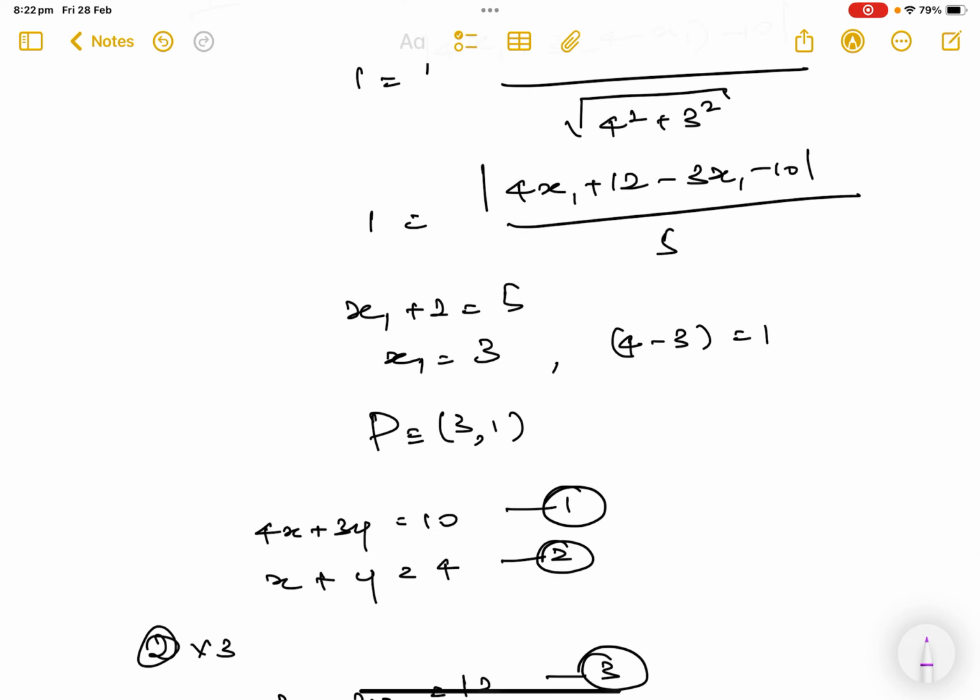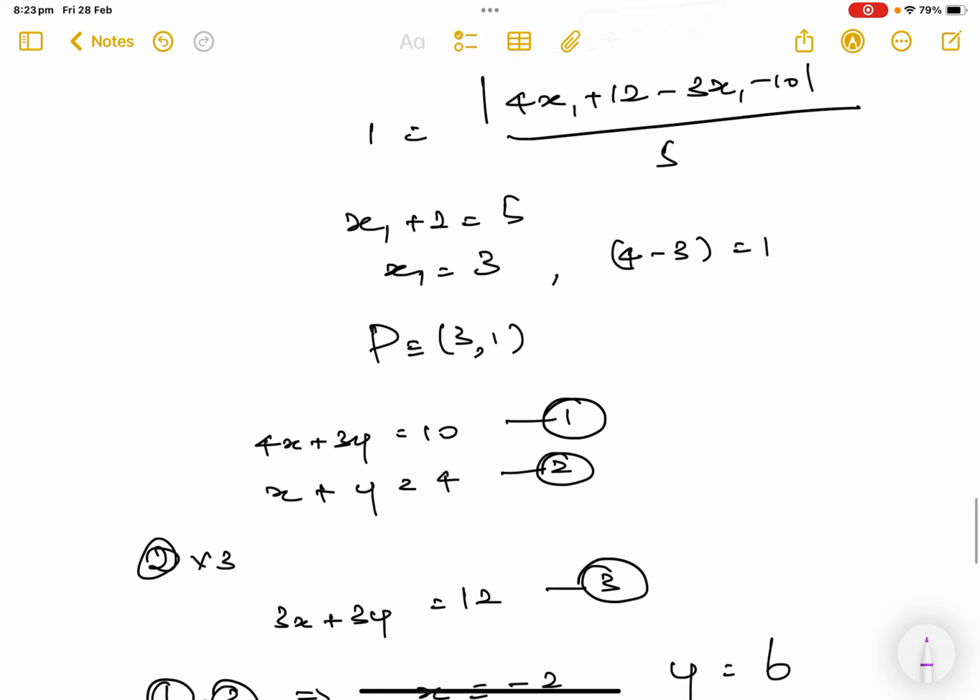There is no plus or minus business here, it's distance, always positive. So x1 plus 2 equals 5, so x1 is 3. Then y is 4 minus 3, equal 1. So the coordinates of P are 3 and 1.